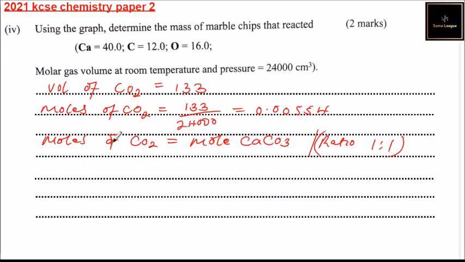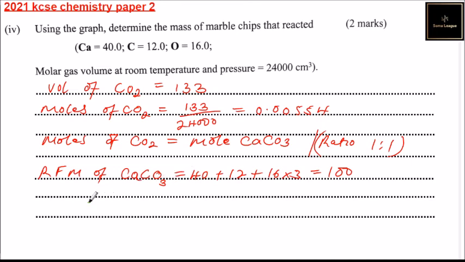So we can say relative formula mass of calcium carbonate is equal to calcium is 40, you add carbon is 12, and you add 16 times 3, that is for oxygen, and that should give you 100. This is 48 plus 12, that is 60, you get 100.